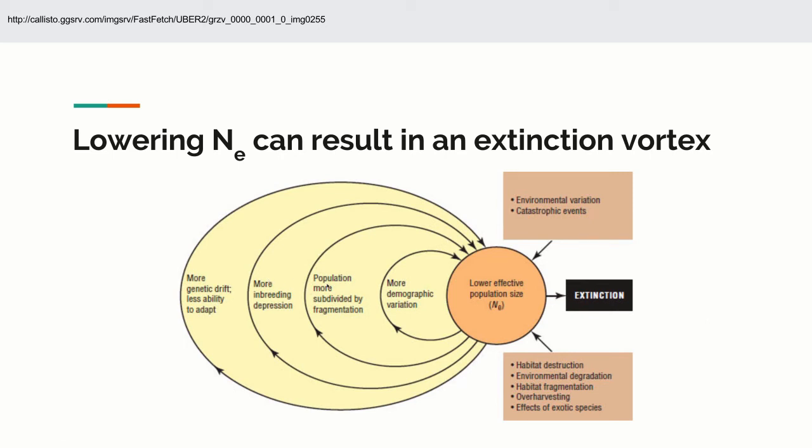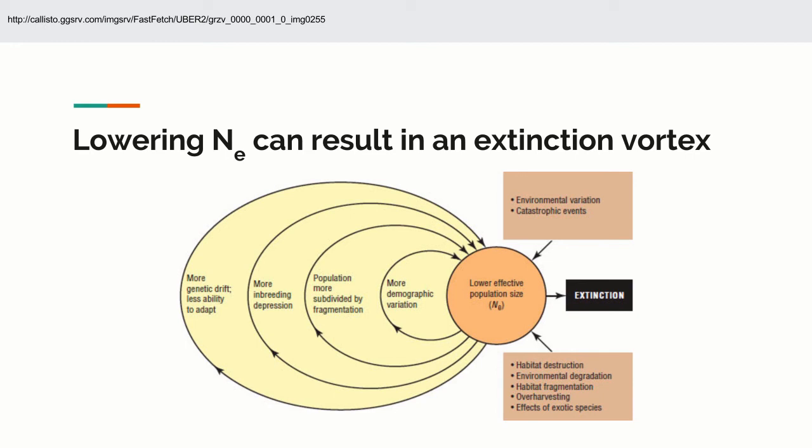So that part we can't talk about yet. We will. But what you effectively get is, as the effective population size gets smaller, its ability to survive decreases, which will make the population even smaller, which will make it even less likely that they survive, which will make it even smaller. And what you get is this spiral, this vortex, and we call it the extinction vortex.